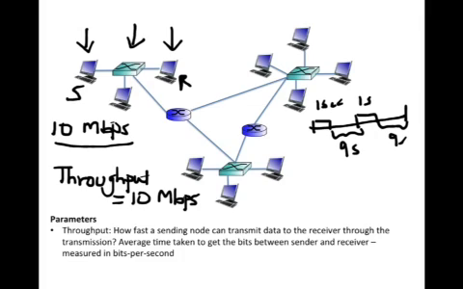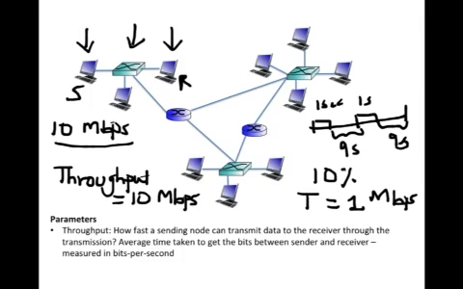So it's using the channel to transmit data only during 10% of the time. The throughput that is experienced in this scenario is actually 10% of 10 megabits per second, which is only 1 megabit per second.